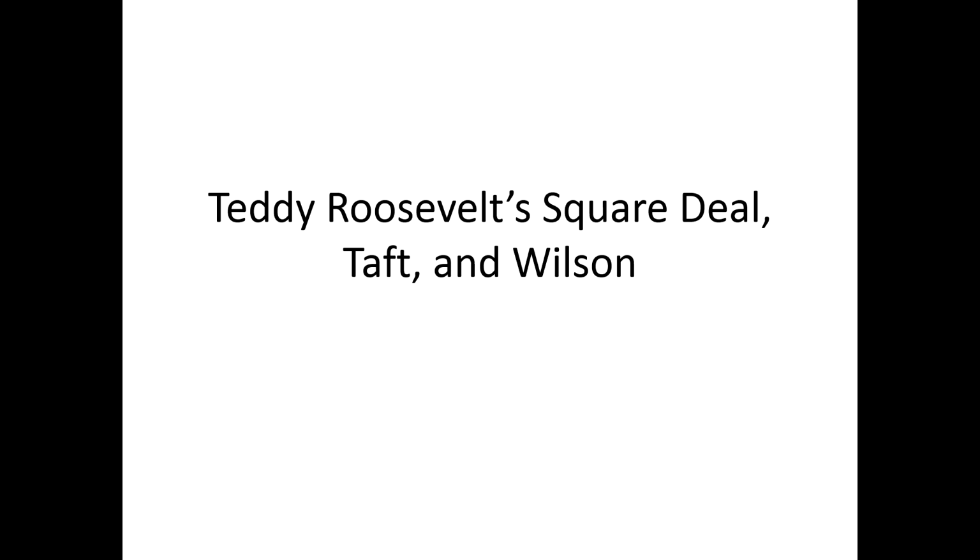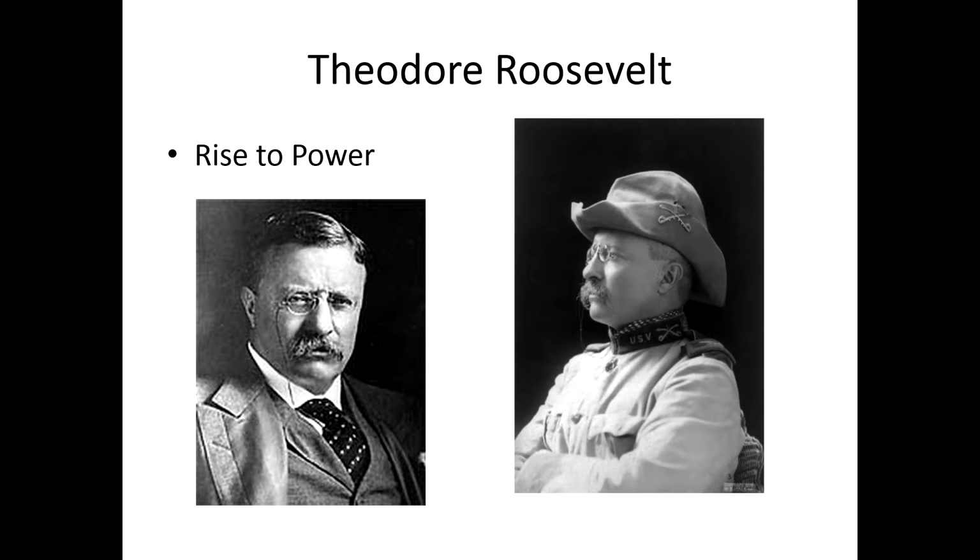Okay, so now we're going to talk about the next kind of grouping of presidents. First, Teddy Roosevelt, who's a big character. We'll talk about his rise to power, you don't have to write down the beginning details. I'll let you know what you need to know. But essentially, he was a Harvard graduate.